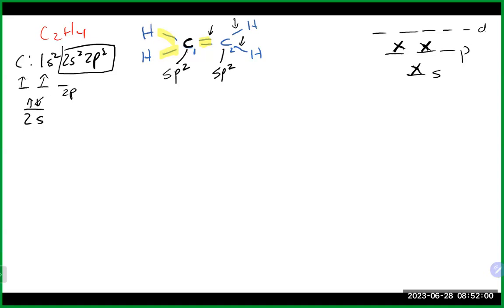It's going to promote that electron up to there, and we're going to hybridize sp2 this time, which means we're only going to take an s and only 2 of those p orbitals in this particular case, right?